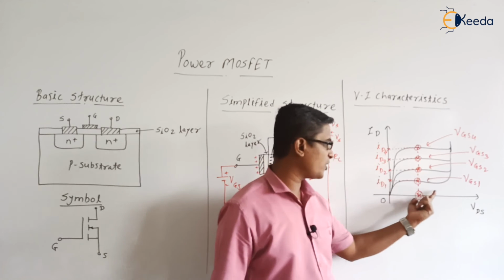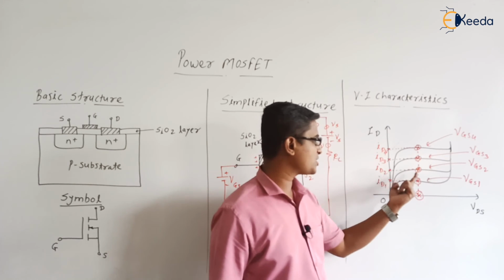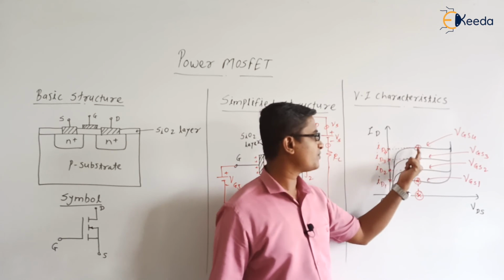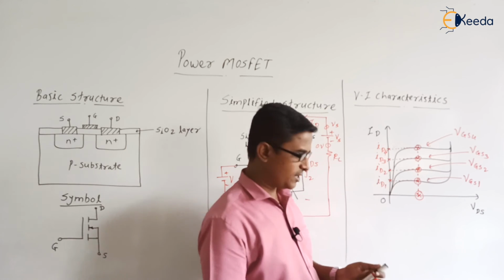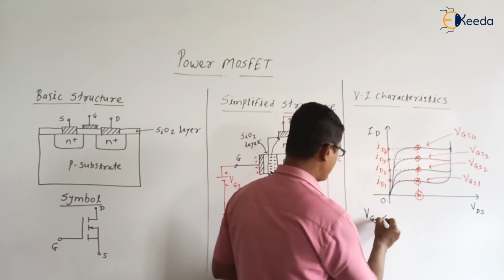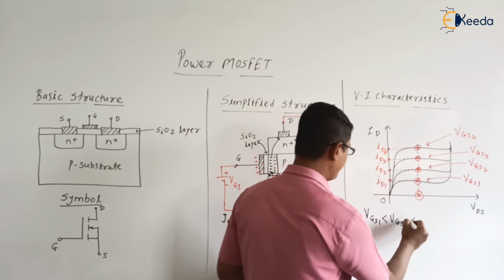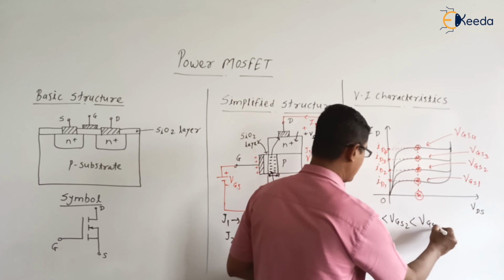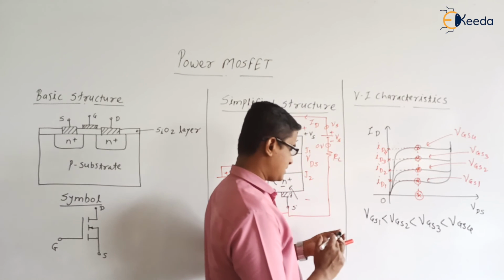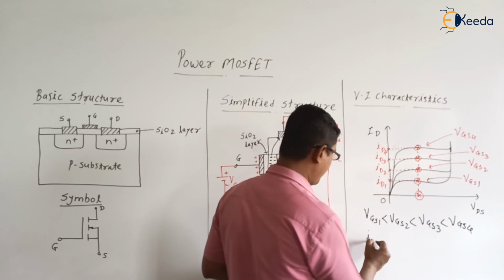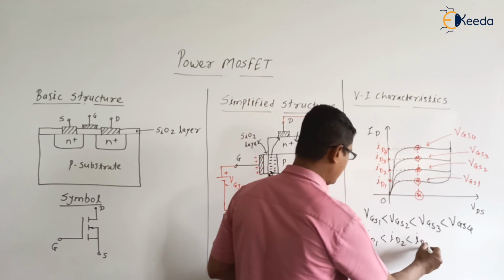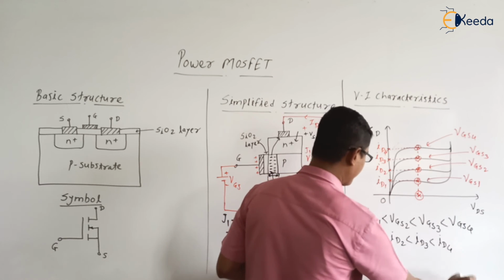ID1 corresponds to VGS1, ID2 corresponds to VGS2, ID3 corresponds to VGS3, and ID4 corresponds to VGS4. So we can say that VGS1 is less than VGS2 is less than VGS3 is less than VGS4, and ID1 is less than ID2 is less than ID3 is less than ID4. Are you getting the point?